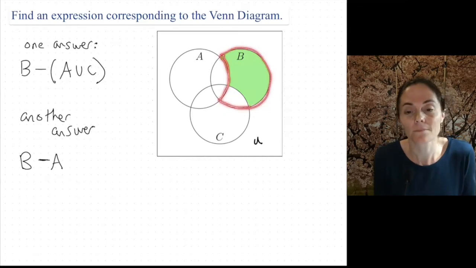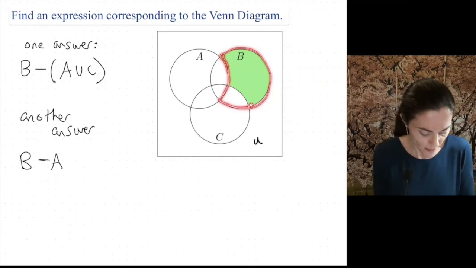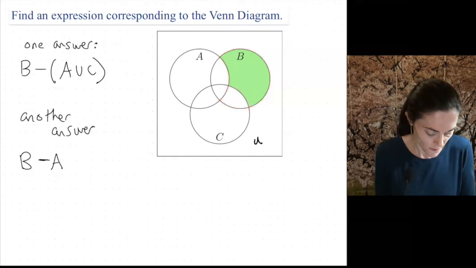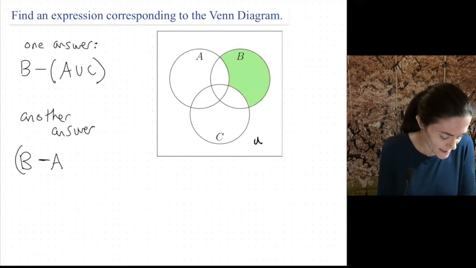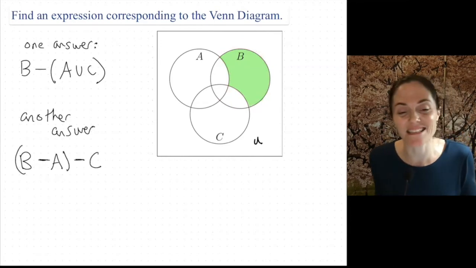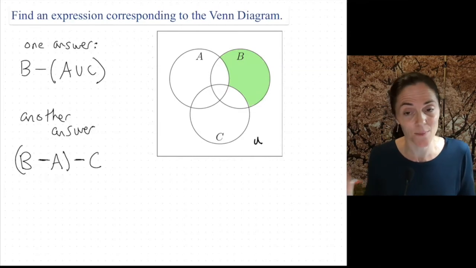Okay, it's not right yet, but then I could take this set and then minus C, and I will be left precisely with what we see in this picture. So this is another answer for the exact same green region.